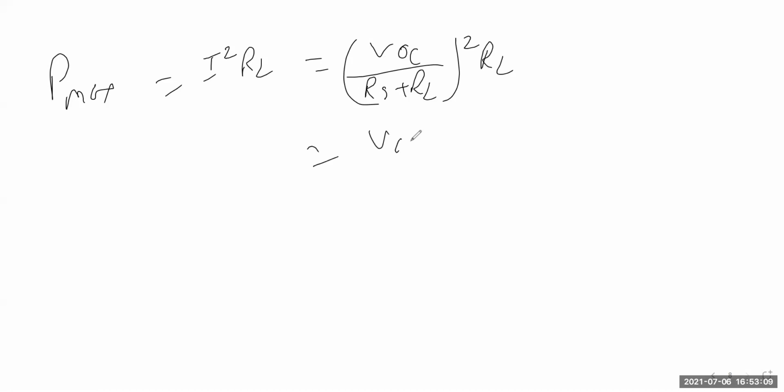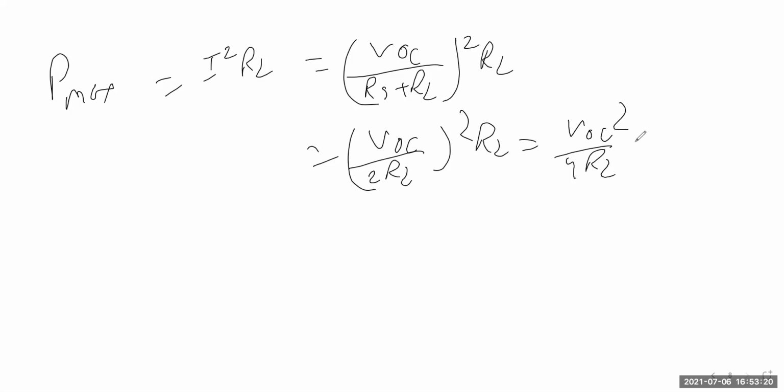So we can write this as VOC by 2RL, whole square, times RL, which becomes VOC whole square by 4RL. One RL will be cancelled, so this is what we are left with. Now we can easily calculate VOC.